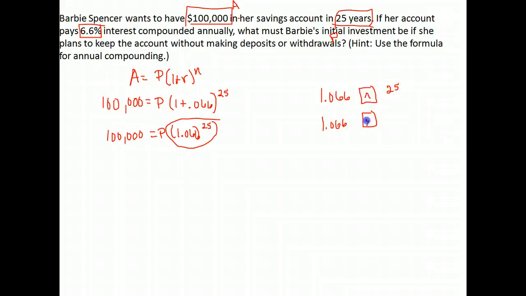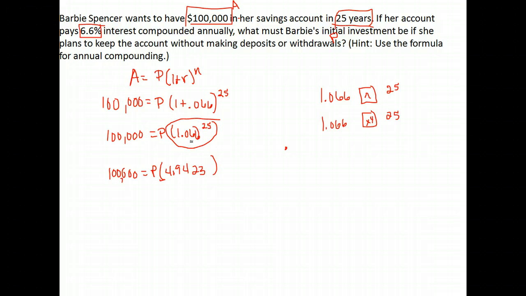Or it could be a button that looks like this with a little X to the Y. When you calculate that, you should get 4.9423 approximately. So we have $100,000 equals P times 4.9423, and it goes on from there, but I'll just round it off.